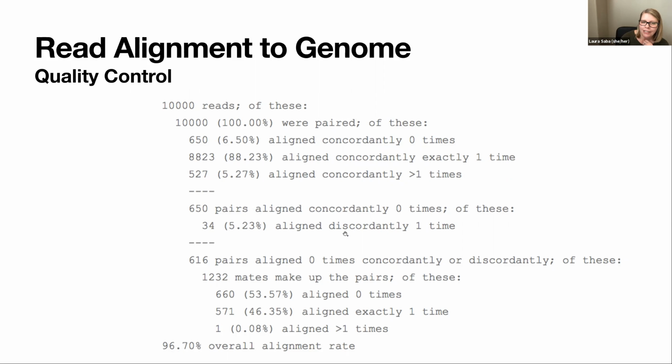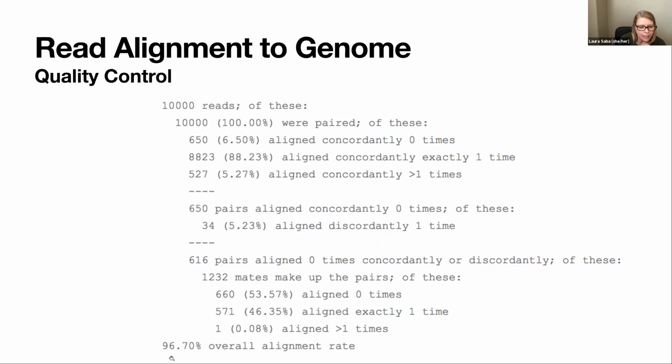As we break these down, these are our best case scenarios, but we do have a lot of singles, where just one of the pair aligns, or one pair aligns multiple places, and things like that. These general stats break this down in much more detail and then give you an overall alignment rate at the end.